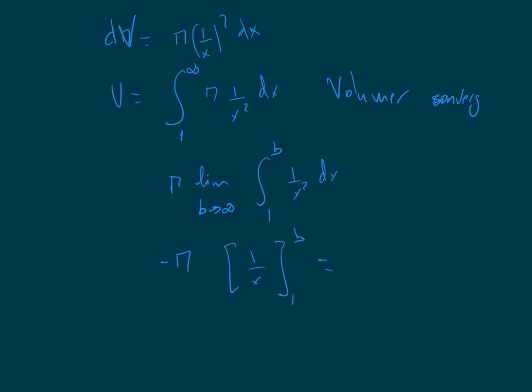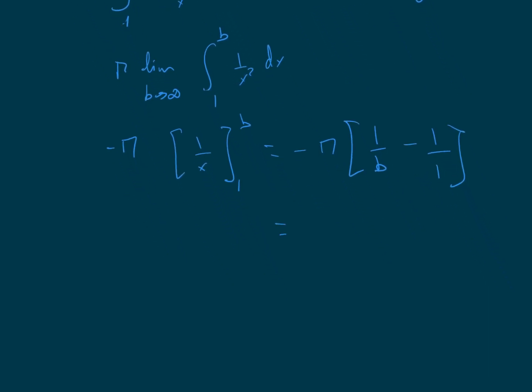So it will be minus pi times 1 divided by v minus 1 divided by 1, so pi times 1 minus 1 divided by v. And the limit when v goes to infinity will be pi. Wow! So the volume is finite and the volume is pi.